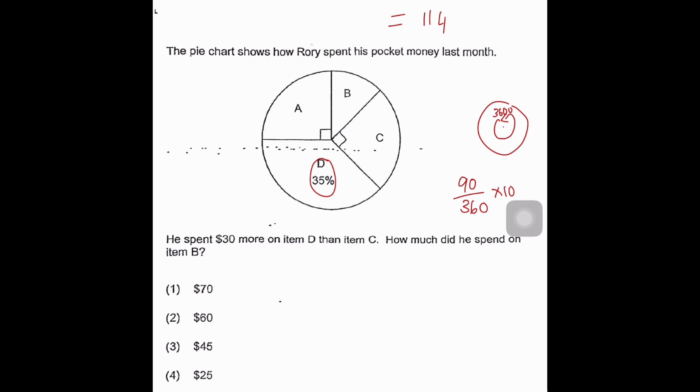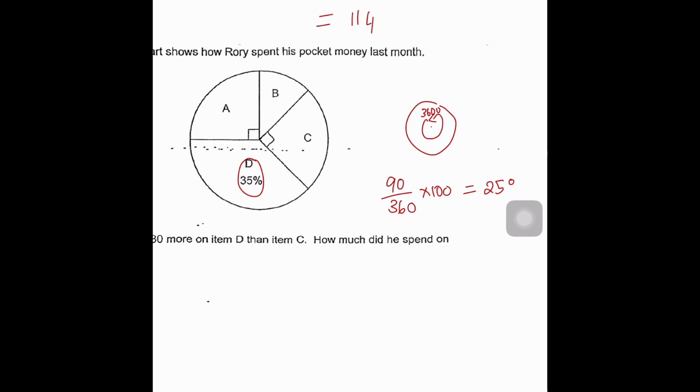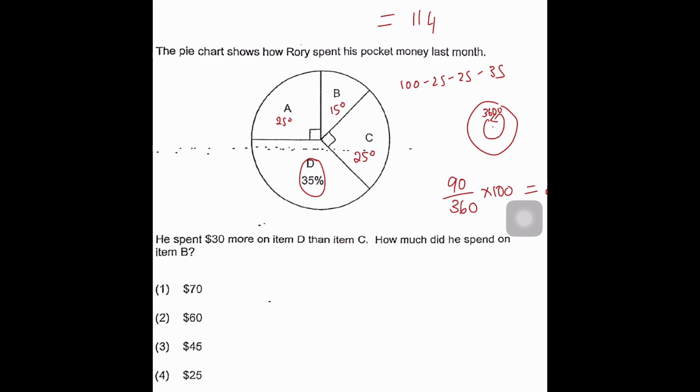You simply have to find a fraction where you times 100. So 90 over 360 times 100. So 25%, 90 degrees is 25% of a circle. So A would be 25% and C would be 25%. In total it is 100%. So B would be 100 minus 25 minus 25 minus 35. That will give you 15%.